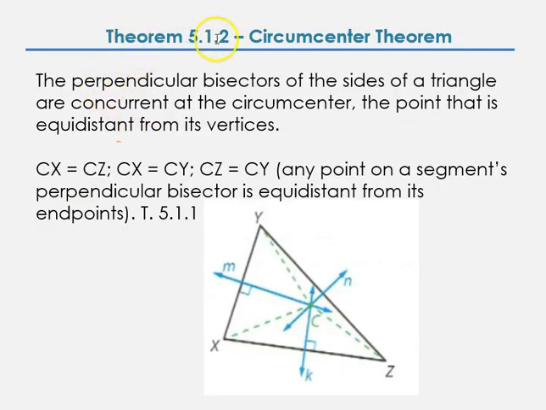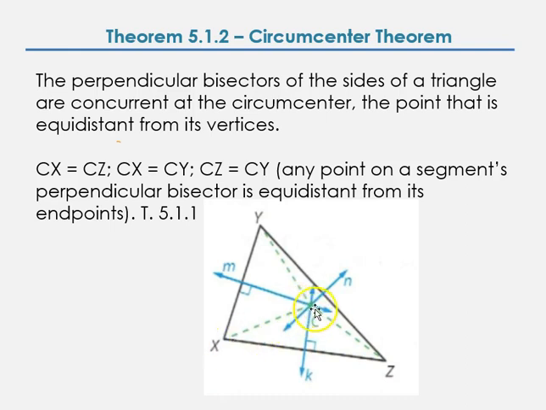Theorem 5.1.2 is the circumcenter theorem. The perpendicular bisectors of the sides of a triangle are concurrent at the circumcenter, the point that is equidistant from its vertices. So in this drawing that we have here, we have segment CX, and CX is equal to CZ.